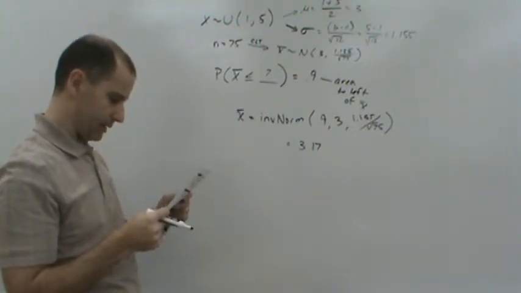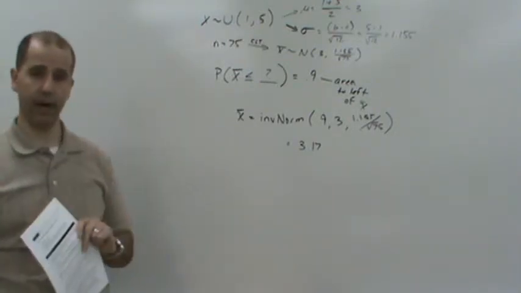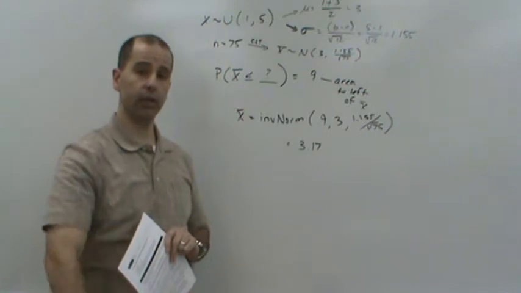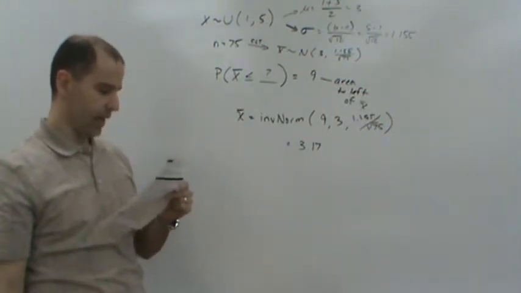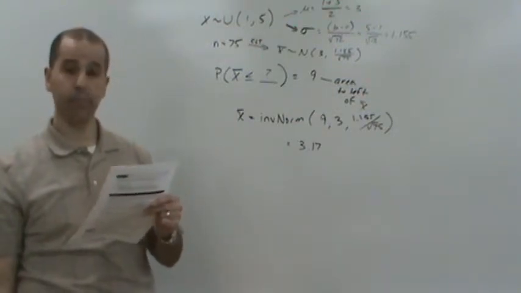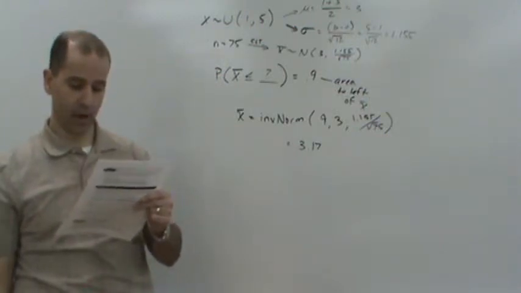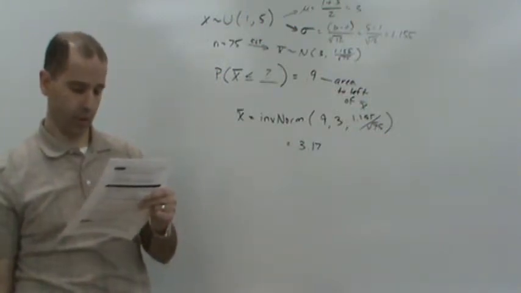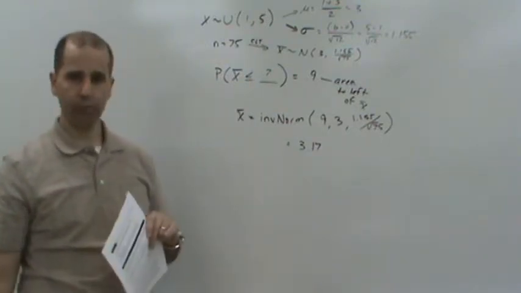So what does it tell us? It says that among all samples of size 75, if we were able to take all of the samples of size 75, 90% of the mean stress scores are at most 3.17, and 10% are at least 3.17.